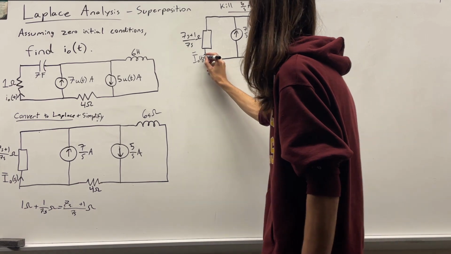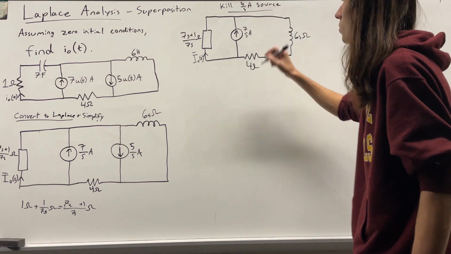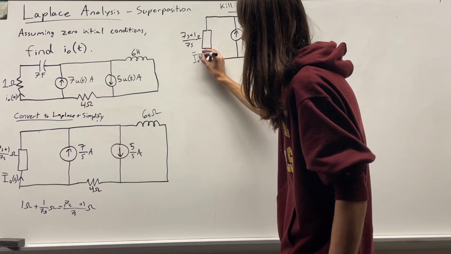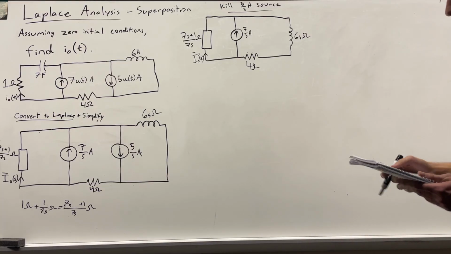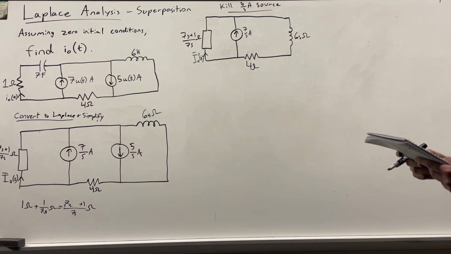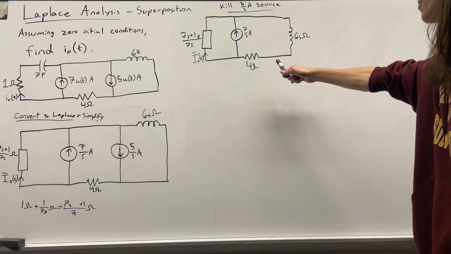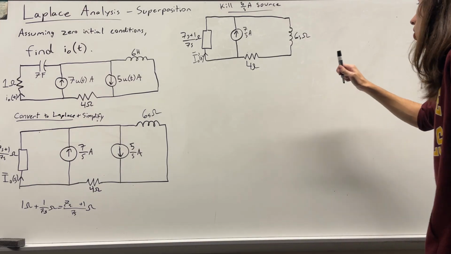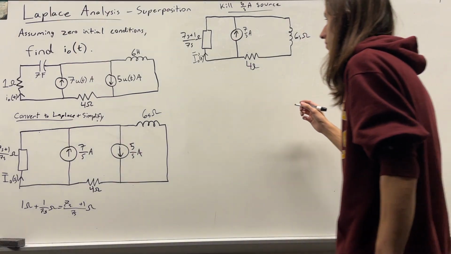Our sought variable, I naught bar of S, and since we've changed the circuit, this is going to be I naught prime of S. Okay, and then now we can simplify this circuit by combining the 4 ohm resistor with the 6S ohm inductor.